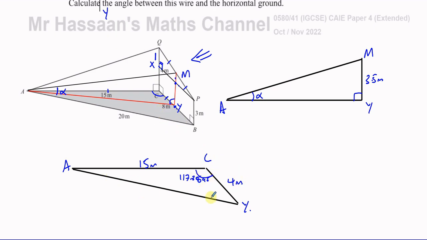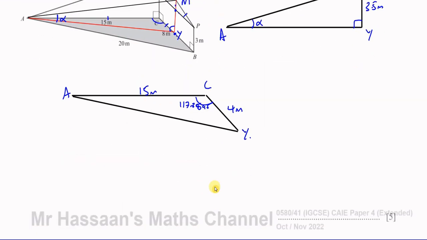All right, so to find AY, I can use the cosine rule.